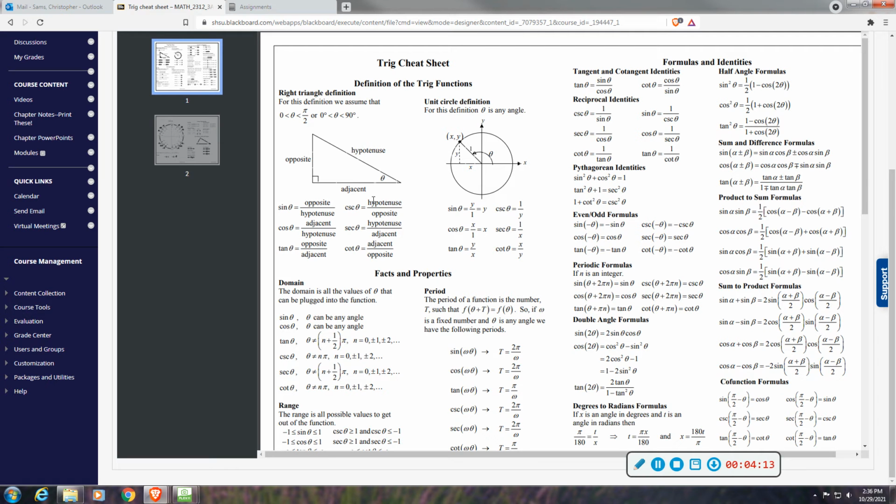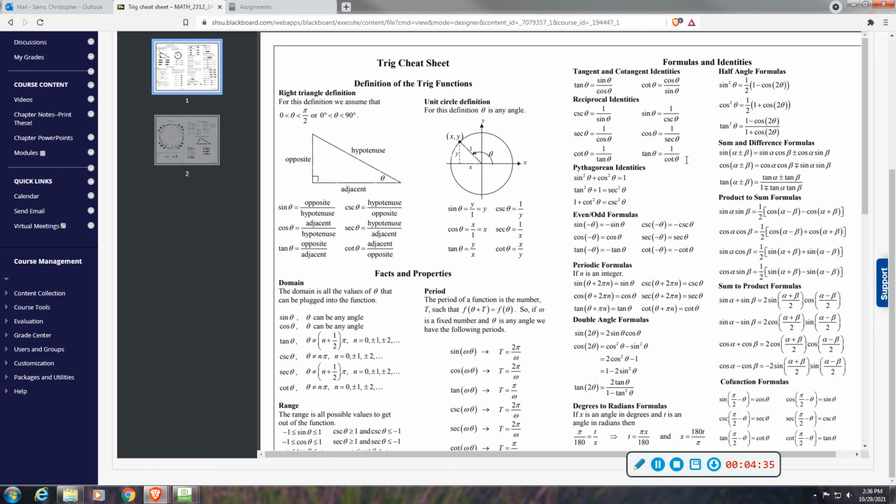Then with these reciprocal identities, cosecant can be written as 1 over sine, and secant can be written as 1 over cosine. So all six of these functions can be written in terms of sine and cosine. That's going to be important to know later.